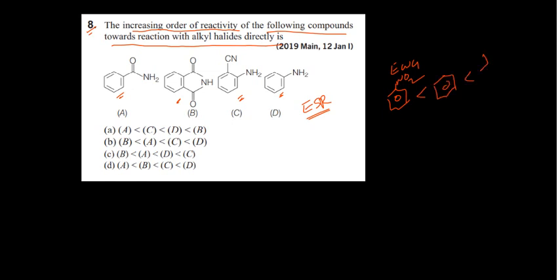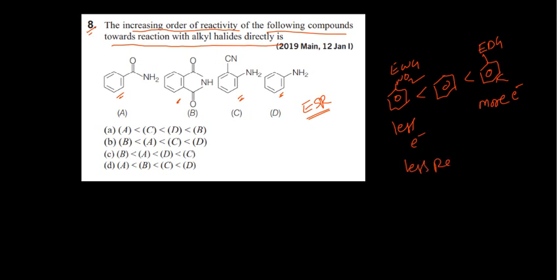Highly reactive is the benzene which has electron donating groups attached. So the conclusion is that more electron density in the benzene means highly reactive. Less electron density means less reactive.